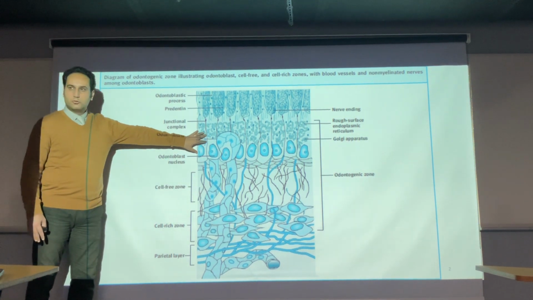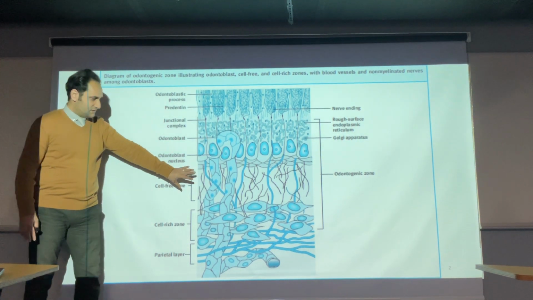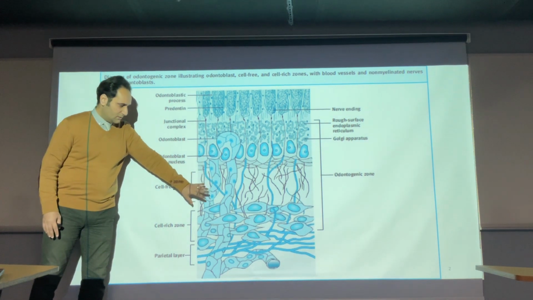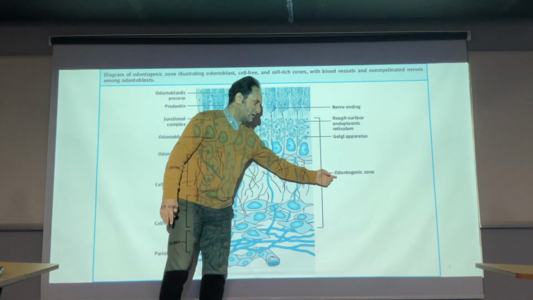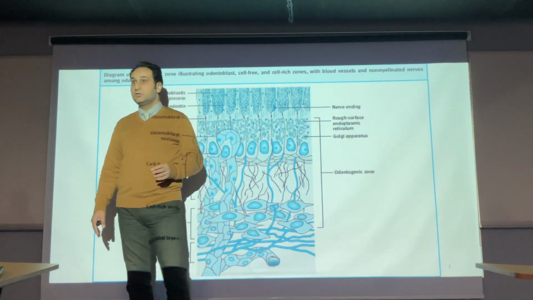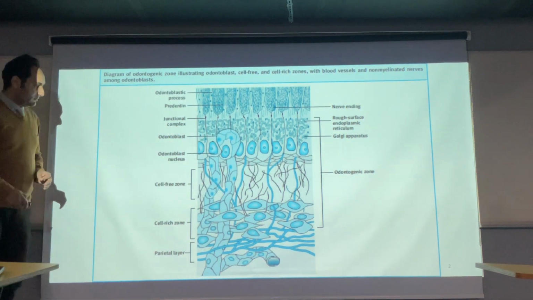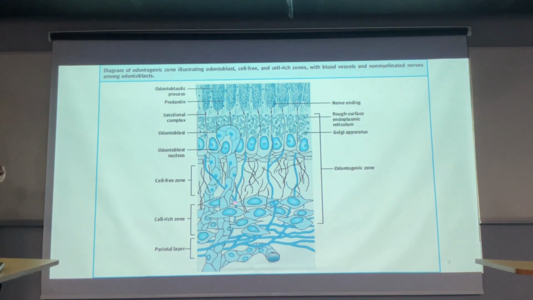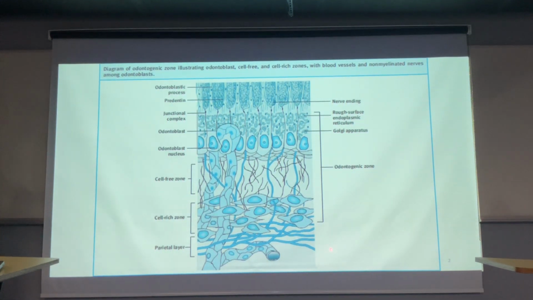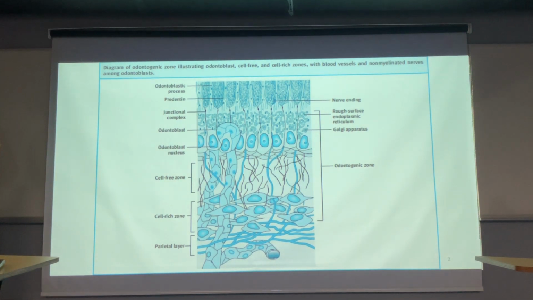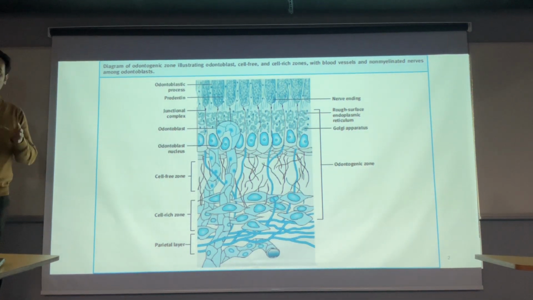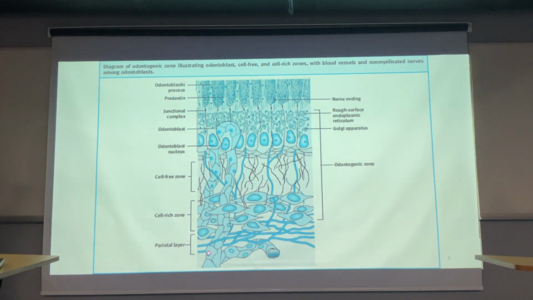The odontoblast cells plus the cell-free zone and cell-rich zone are known as the odontogenic zone. Under the cell-rich zone, we have another layer between the odontogenic zone and the normal pulp structure. This zone is known as the parietal layer.